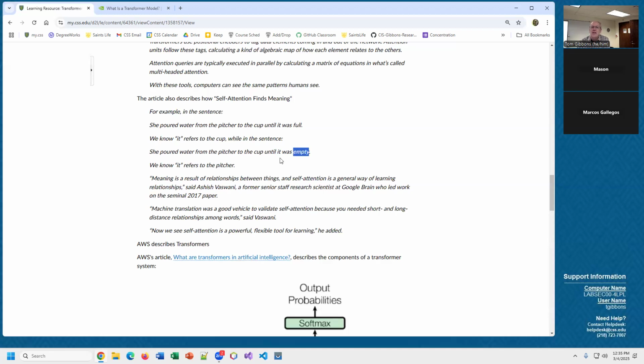These are two nearly identical sentences, except one says 'full' and the other says 'empty', and that changes the meaning of 'it'. So until you get to full or empty, you can't determine what 'it' is in these sentences.